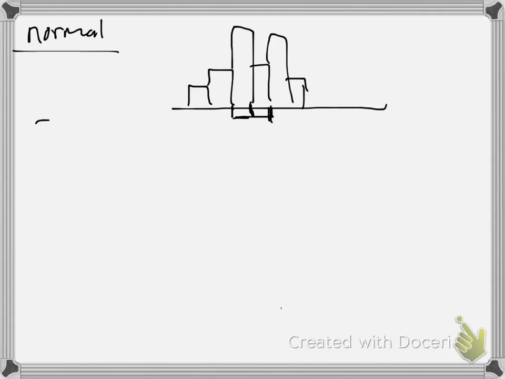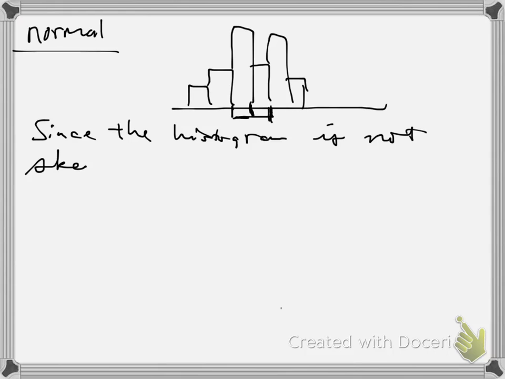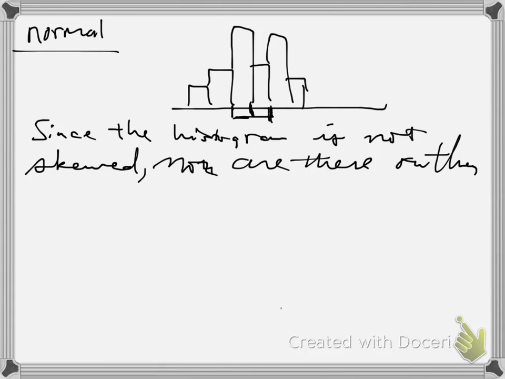So since the histogram above is not skewed, nor are there outliers, the normal condition is satisfied or met.